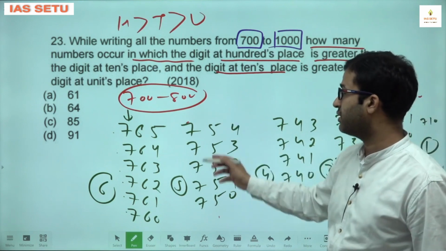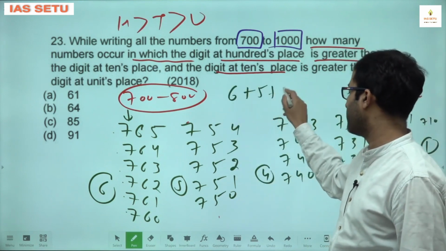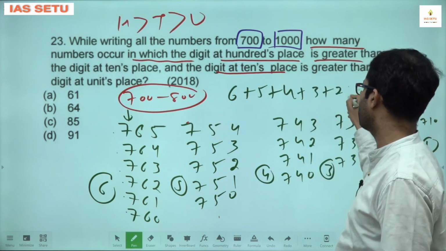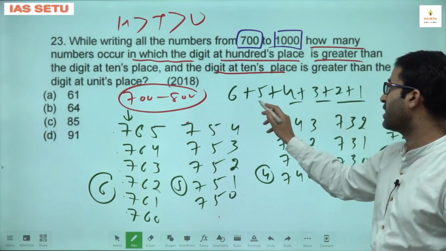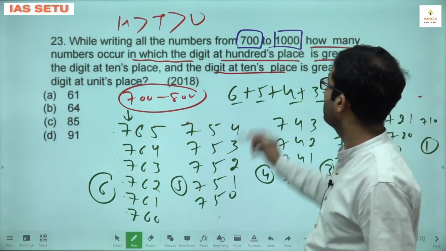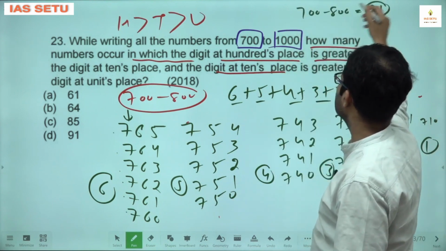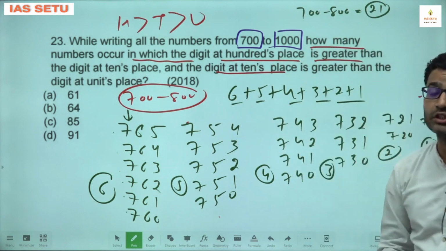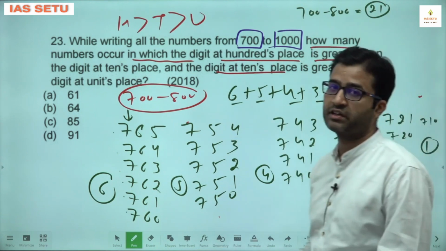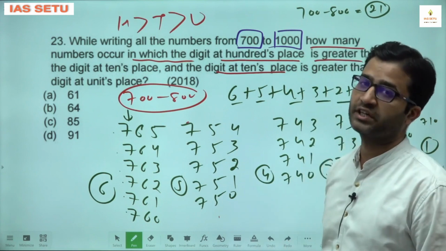So between 700 and 800 we have 6 plus 5 plus 4 plus 3 plus 2 plus 1: 3, 6, 10, 15, 21. So between 700 and 800 we get 21 such numbers which satisfy this question, where the 100 place digit is greater than the 10 place and the 10 place digit is greater than the unit place.